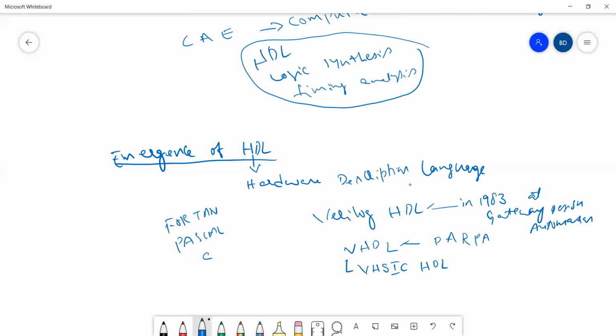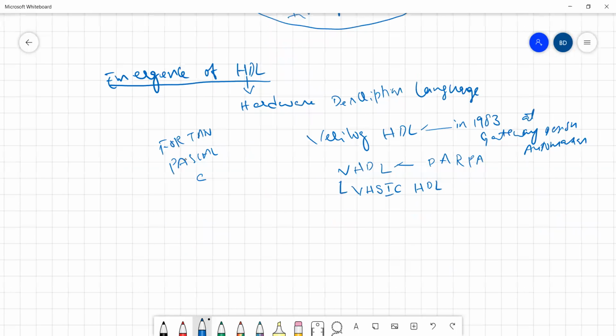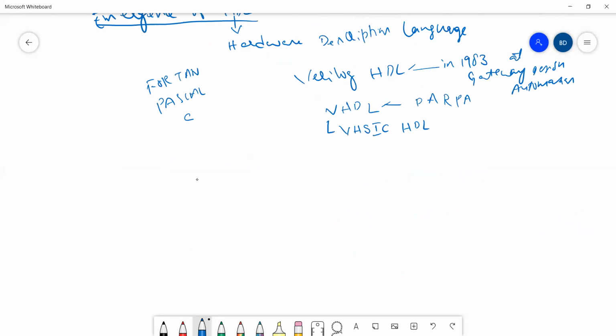Initially they were popular for logic verification, but the designers had to translate the HDL based design into a schematic circuit with interconnections between the gates. So initially they were only used for simulation, and the process of synthesis was done manually.